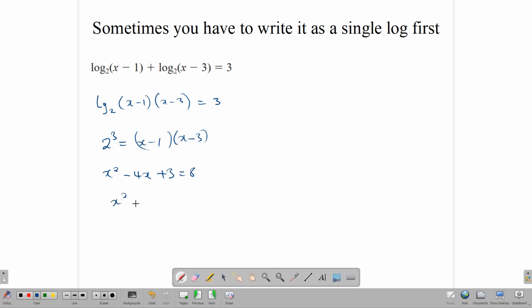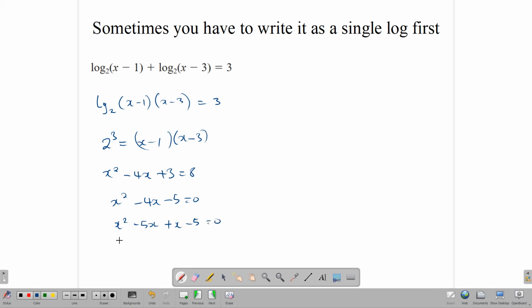Rearranging this, x squared minus 4x minus 5 equals 0. Solving this equation by factoring, 5 would be 5 times 1, so x squared minus 5x plus x minus 5 equals 0.